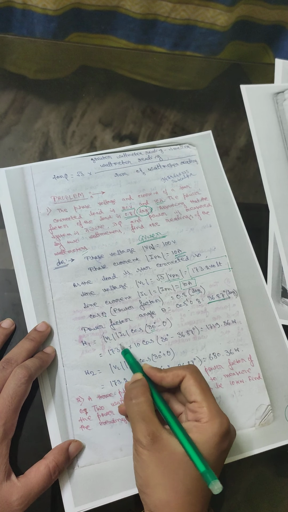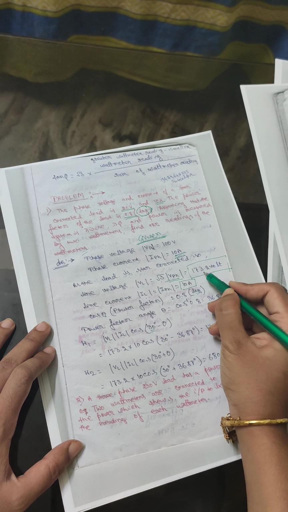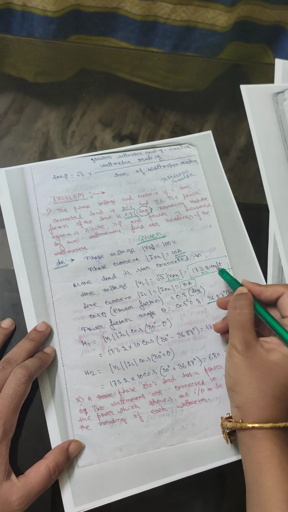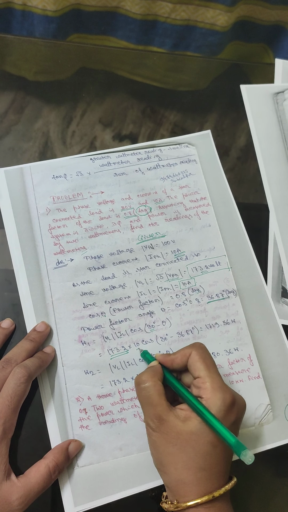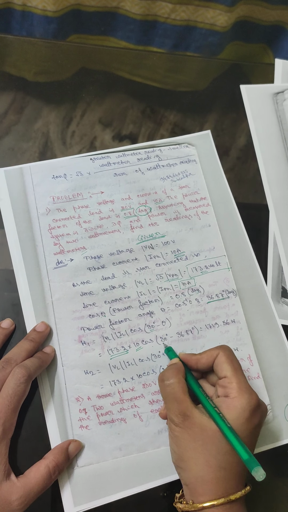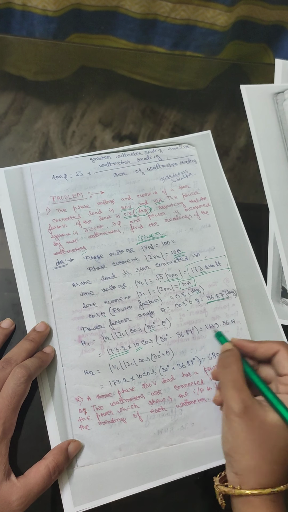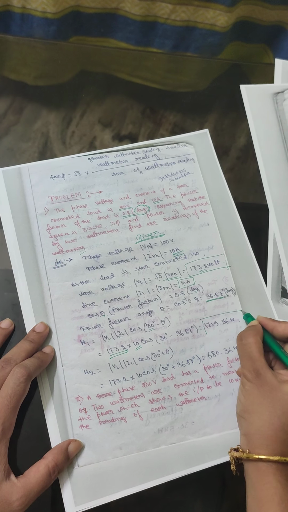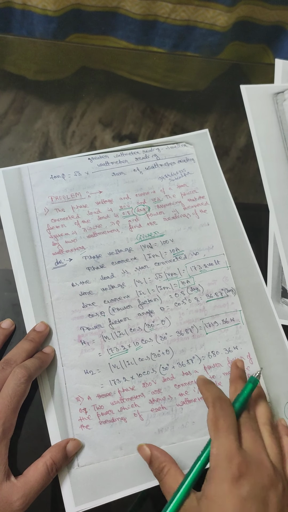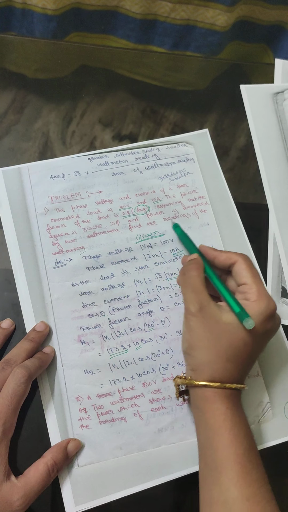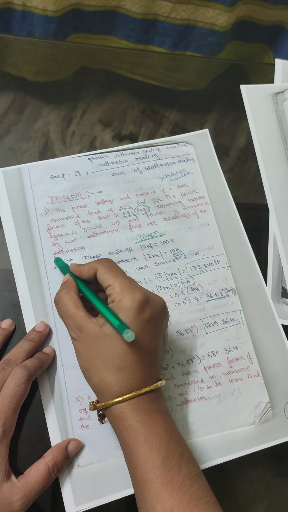So put all values in VL, IL. VL we already got as 173.2, put it there. IL is 10 ampere, put it here. Cos(30 degree minus theta). Theta is 36.87 degrees. Ultimately we got this one, the wattmeter 1 value. We have to find the readings of the wattmeters.